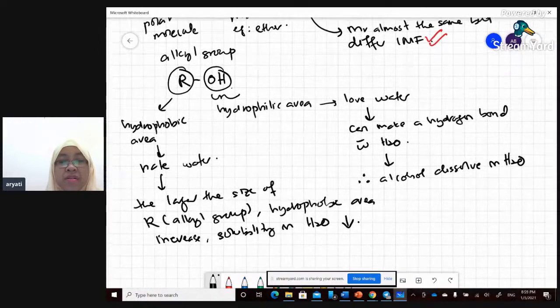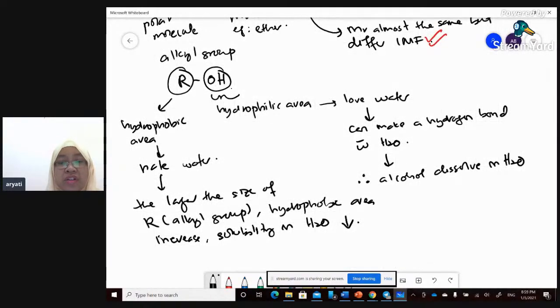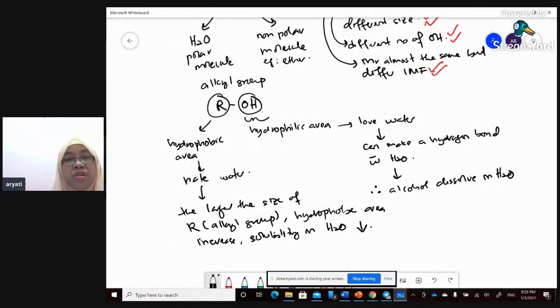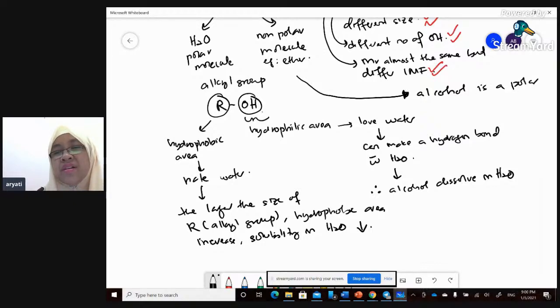So how about the solubility of alcohol in non-polar molecules such as ether? Okay, alcohol is a polar molecule.